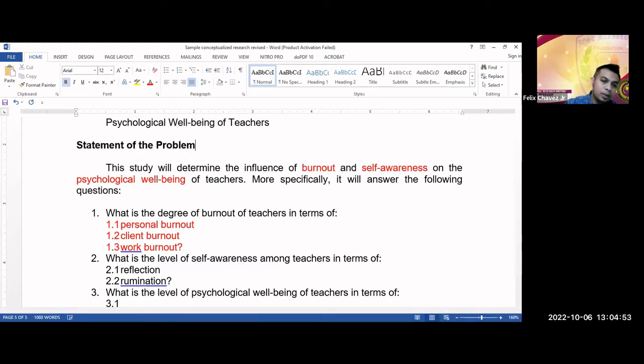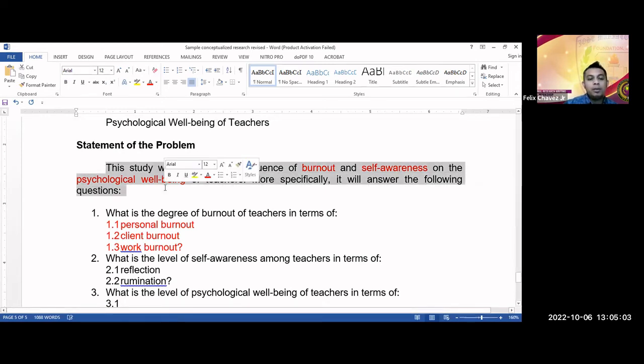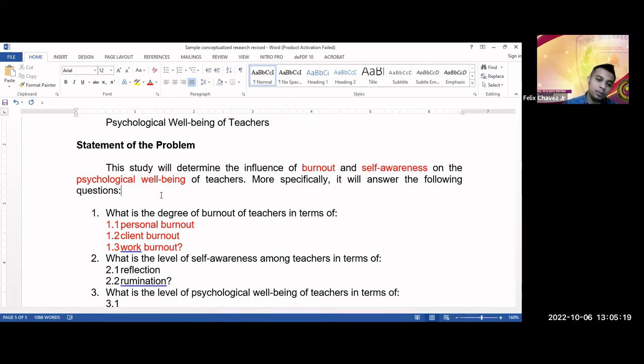So you don't have to worry, whatever terminology that you will place here will just be acceptable. So you have to make a general statement about the main direction of the study. So this study will determine the influence of burnout and self-awareness on the psychological well-being of teachers. More specifically, it will answer the following questions.